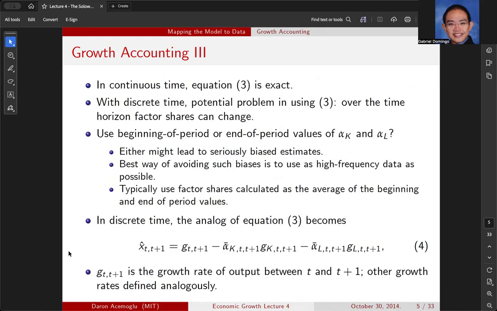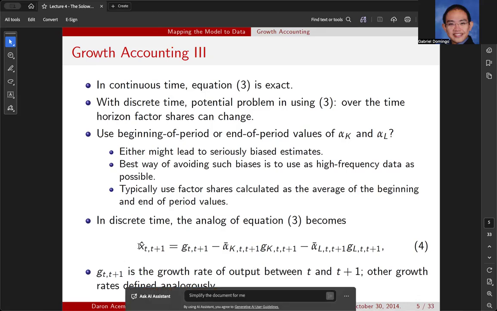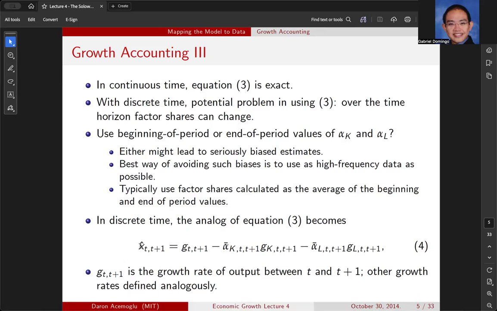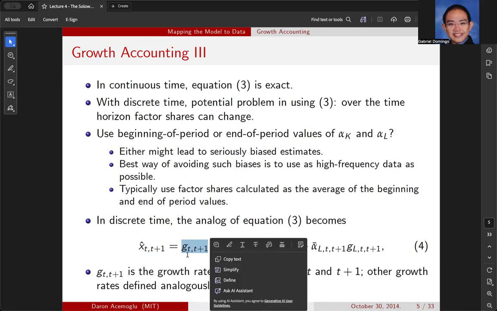So we don't have to put too much attention here in Growth Accounting 3. All these next couple of slides will say is that we can translate this continuous time growth accounting equation into a discrete time version, which is this equation 4 here. Notice that this X hat, which is an estimate of TFP, is just the growth in TFP between periods T and T plus 1.